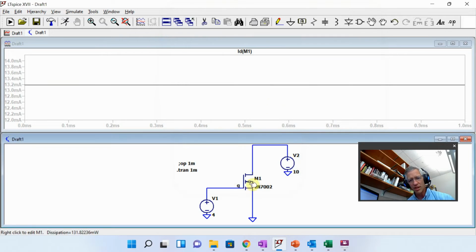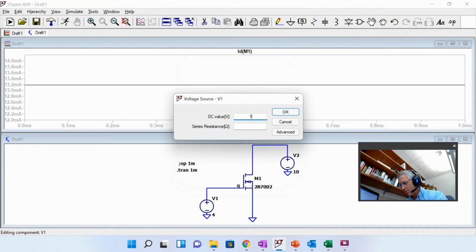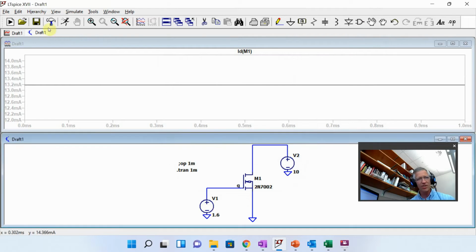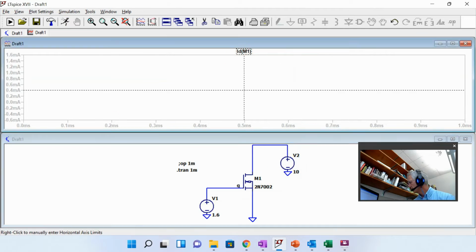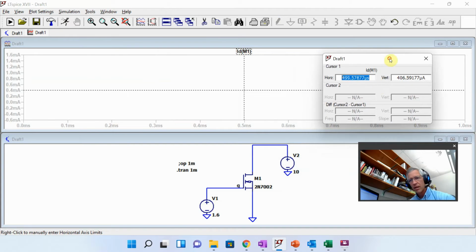So we're going to come in here. Oh, we did change it. And we're going to look at what happens if I put in right at threshold again. Okay, and you see that it has 0.4 milliamps.